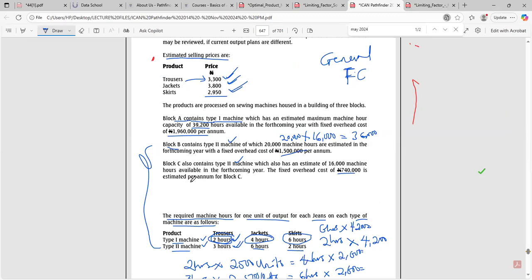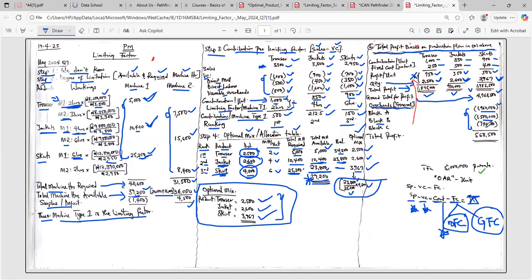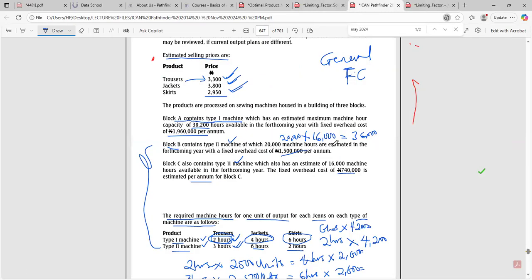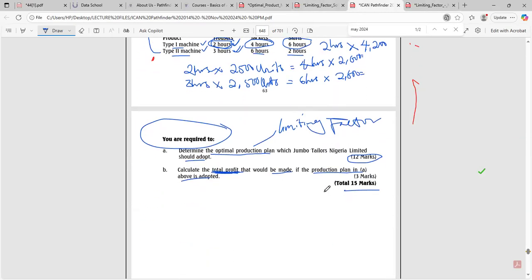They are all per annum, meaning that everything has been multiplied to give you per annum. So I copy it and put it here, 740. So this is my total profit, minus my overhead or general fixed cost. I will still get a net profit of 568,500. Ladies and gentlemen, this is what this question entails. So far, so good. We have been able to secure 15 good marks.